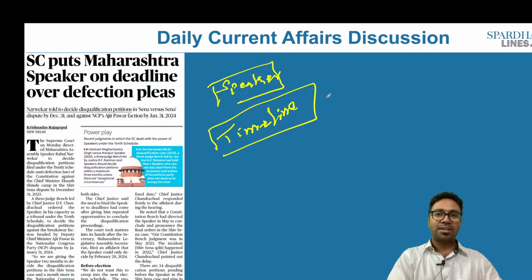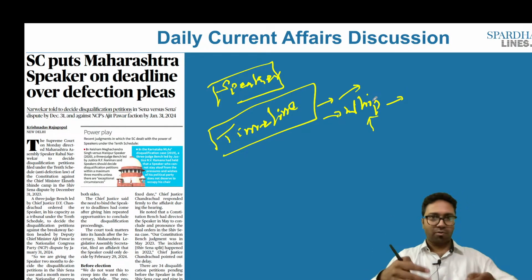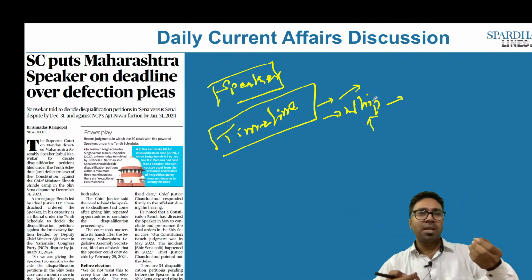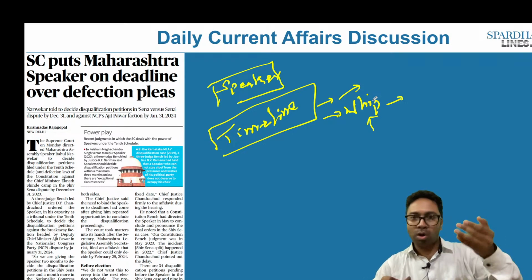Let's say a proposal is made that a person of one political party has switched to another party, or is not listening to the party whip. The party whip should have issued the command. So there is an individual who is not listening to the party whip, and as a result this person will have to be disqualified. The proposal is given to the Speaker, but the Speaker has to ultimately decide whether this person has to be disqualified or not.